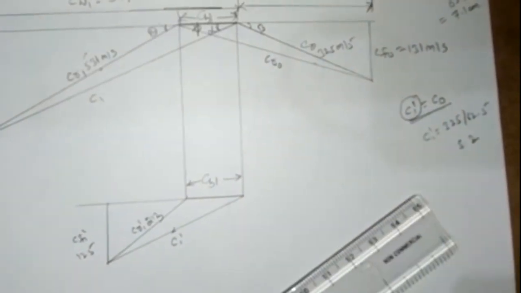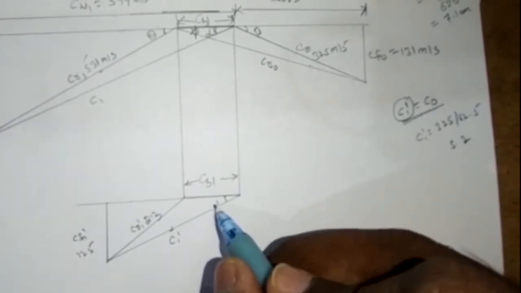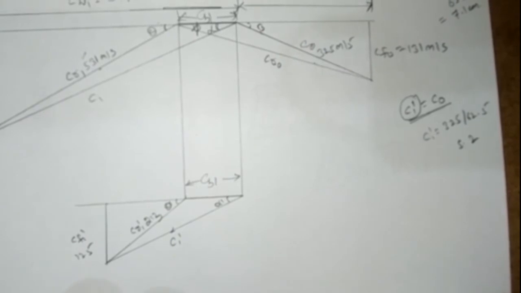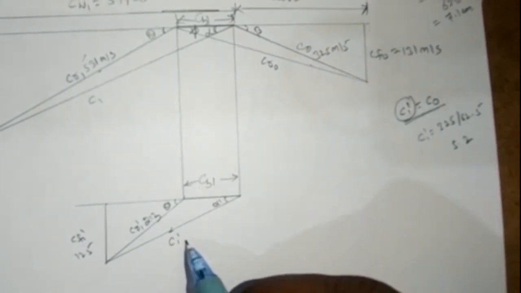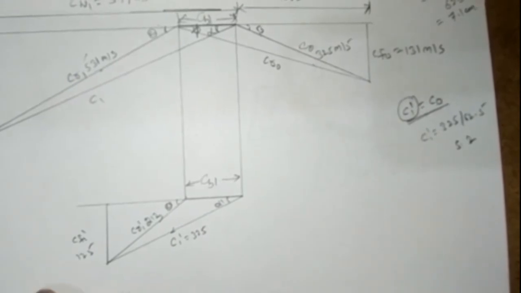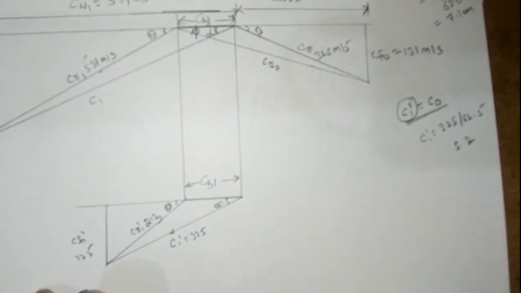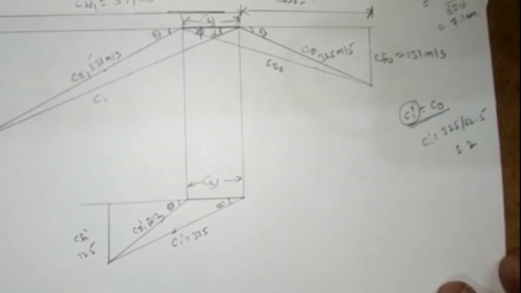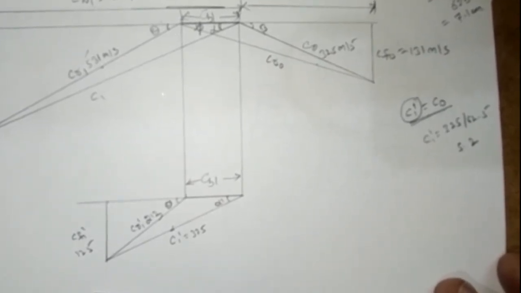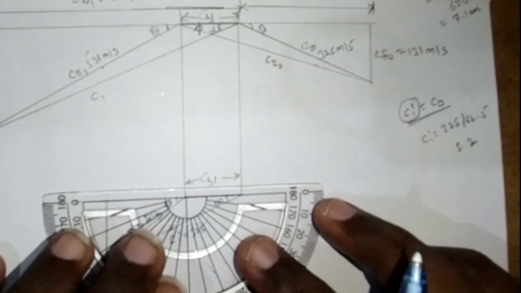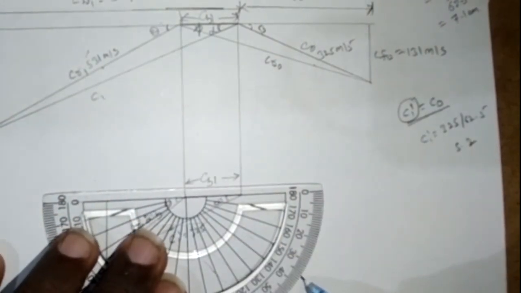Next, construct the outlet triangle. We are already given phi dash 36 degrees. What is the magnitude here? Here also CR0 dash is equal to K into CR1 dash.